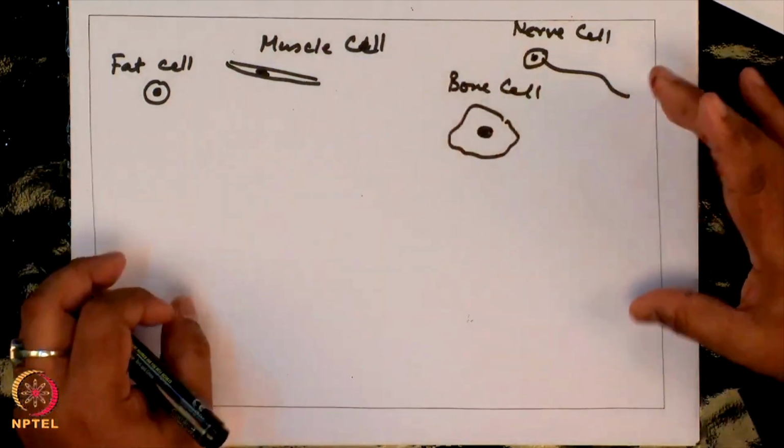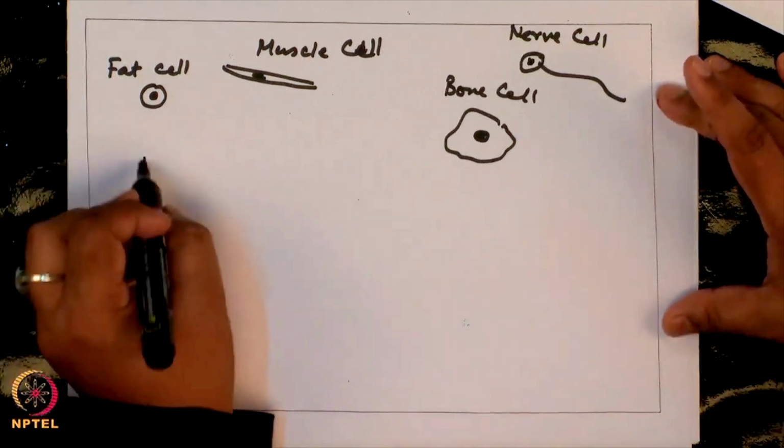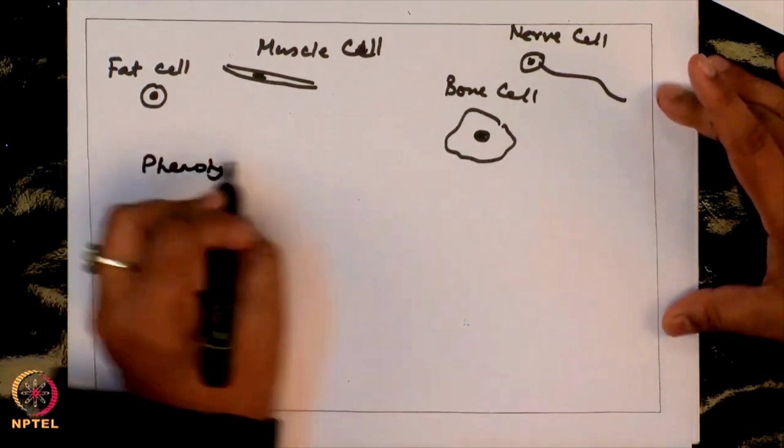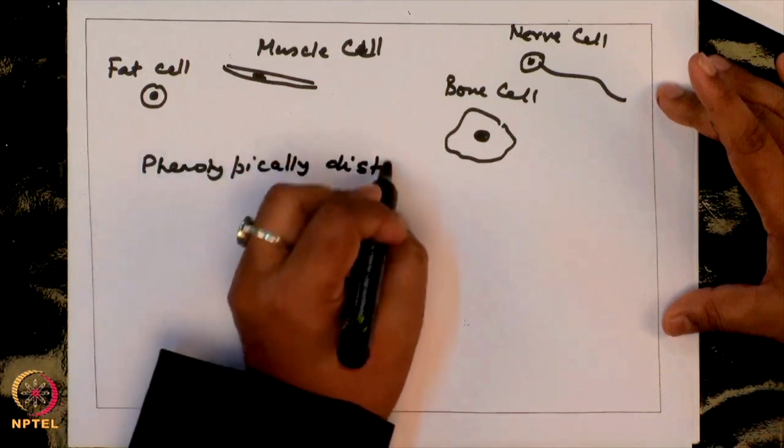So, what you see is that these cells have distinct phenotype. They are phenotypically distinct.